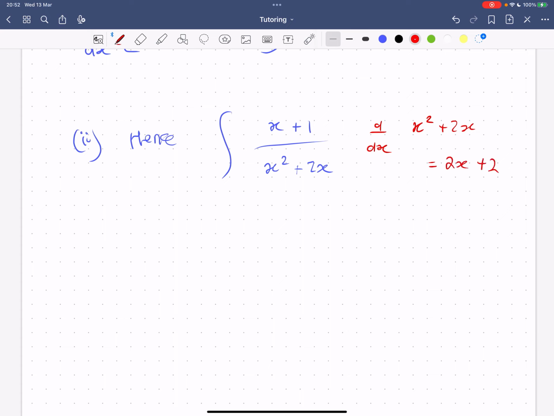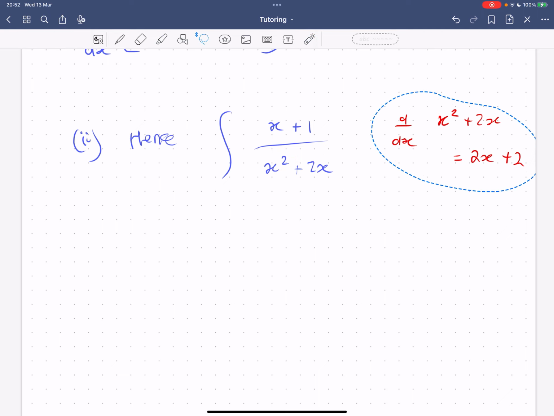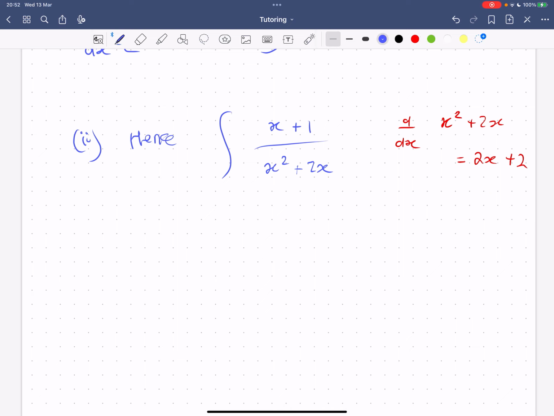Now generally, the integral is in the form of the natural logarithm if the power on the top is 1 less than the highest power on the bottom. Because when I differentiate this, I'm going to get x. So we're thinking, hey, it's probably in the natural logarithm form. But what we need to do is we want 2 lots of that on the top.